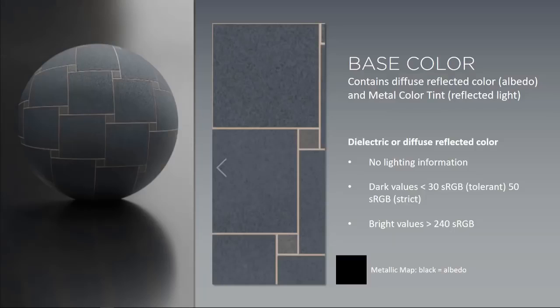A good example of that is, let's say that you had a metal that then was corroded, so you started to see some rust on it. With that, you're going to have some transitional values in your metallic map where it's black and white. So we've got metal and non-metal, but then some transitional values where you've got a mix of that corroded rust interacting with the metallic. It would just indicate that transition between the metal and non-metal.